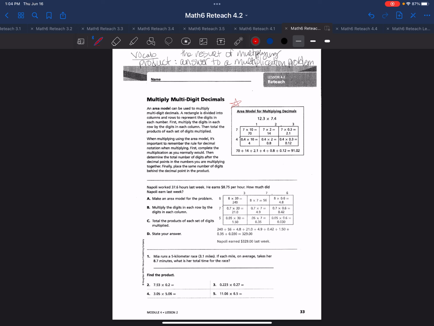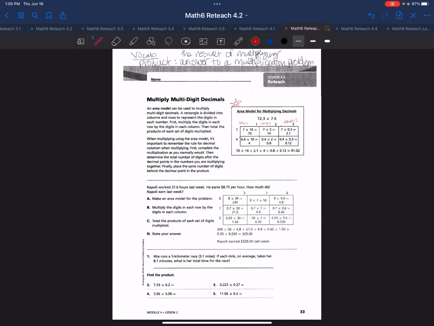So in this first column, these are your tens, these are your ones, and these are your tenths. First, you multiply the digits in each row by the digit in the column, then the total product of each set of digits is multiplied.